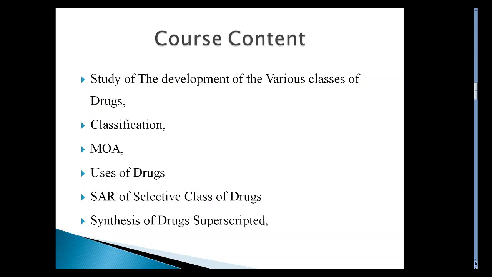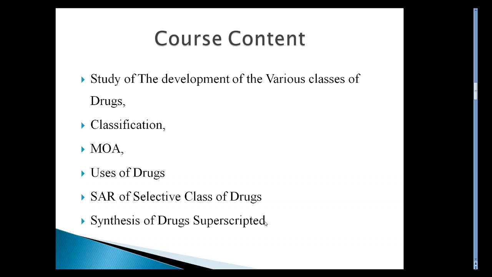Course content. Course content refers to the framing of the subject, or I should say that we will cover all points in prospect of each and every drug and each and every class of pharmaceutical medicinal chemistry.